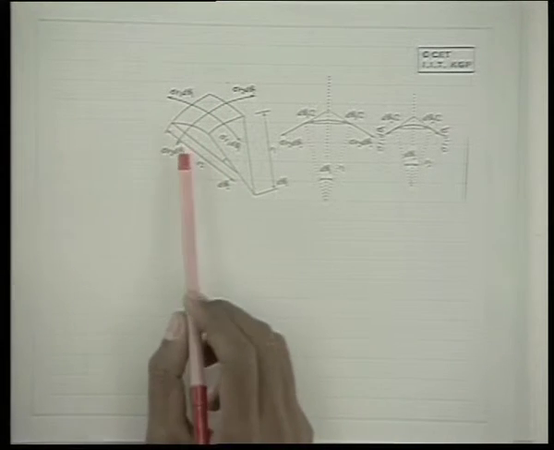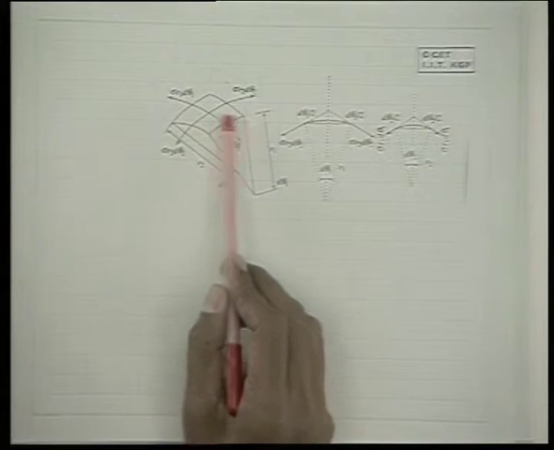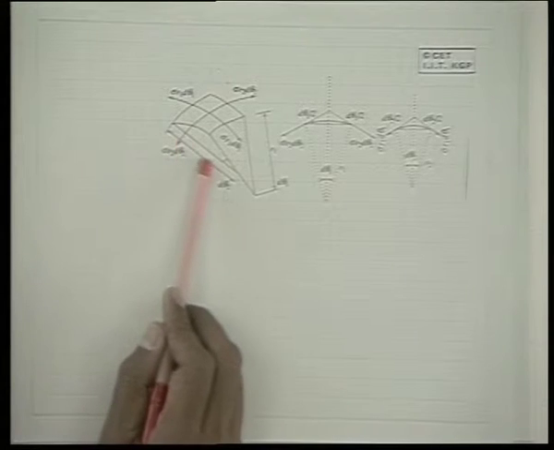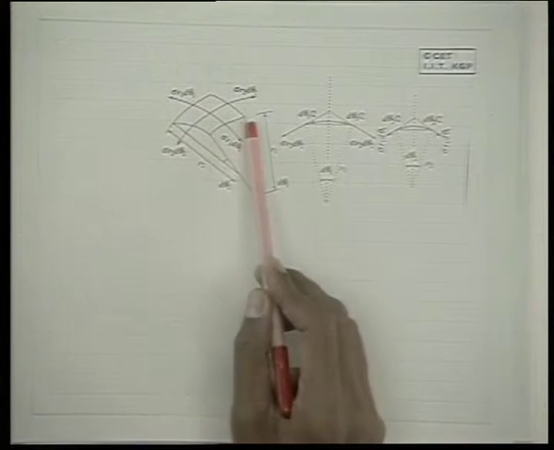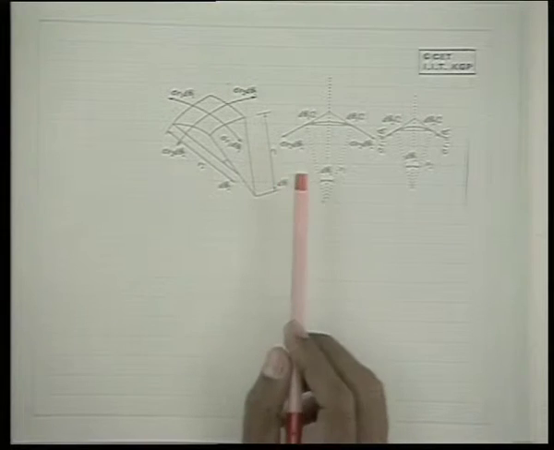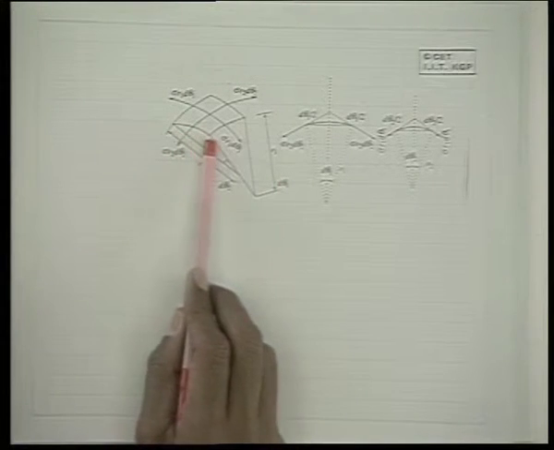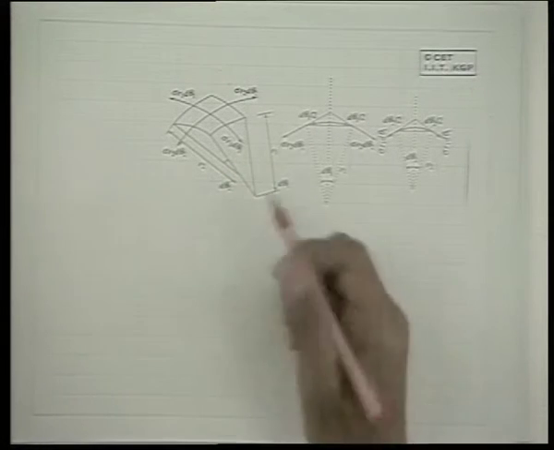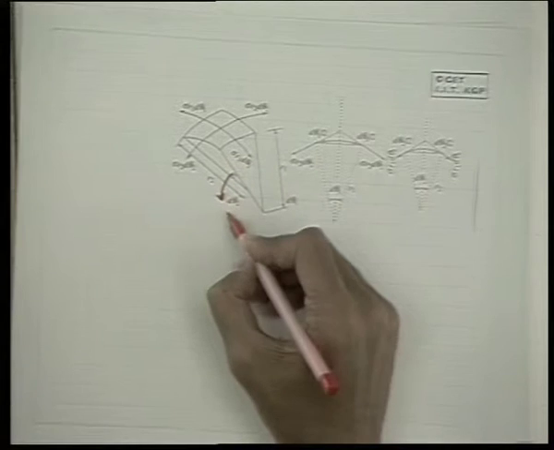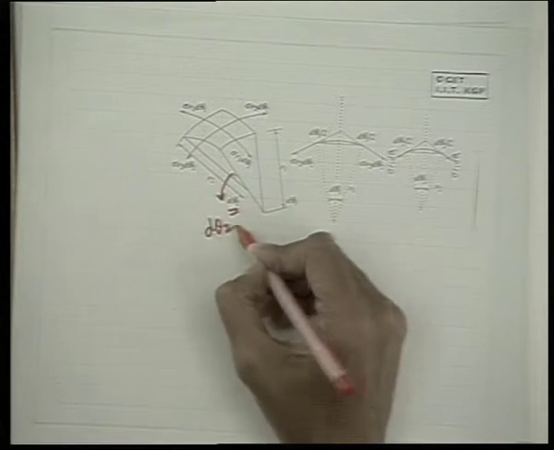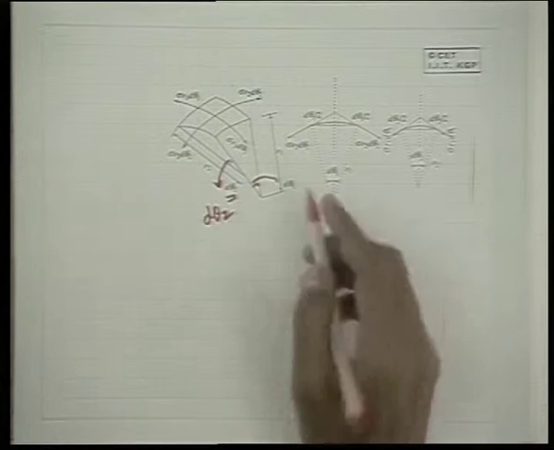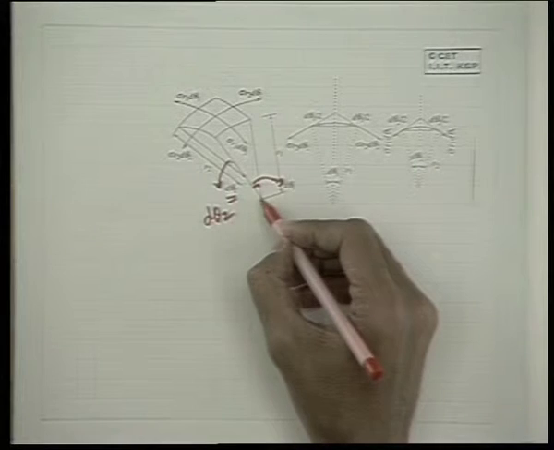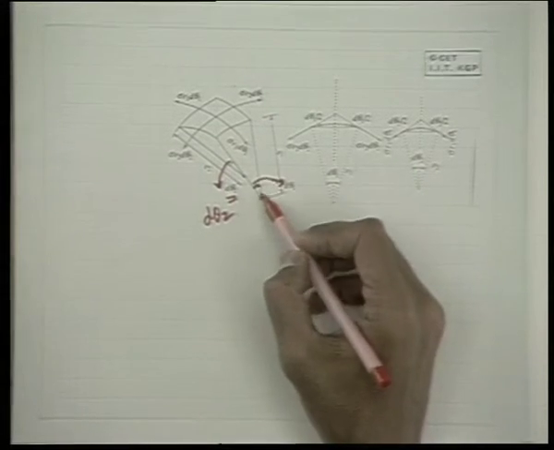Now let us see that the surface is curved in both directions in such a way that the radius of curvature in this direction is R2, which is less, that means it is more curved, and in the other direction is R1. The lengths of the curved surfaces are such that they subtend angles of d theta 2 and d theta 1 at the respective centers of curvature.